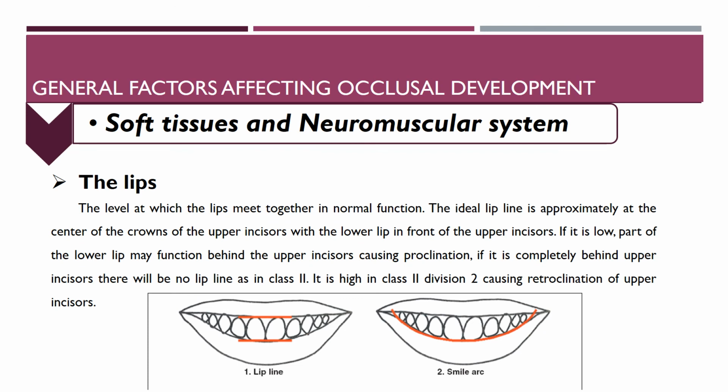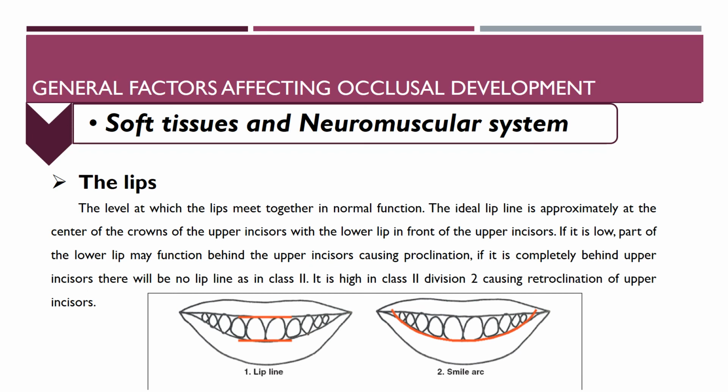Also, the lip line should be examined carefully to identify any relation of the lips to the underlying malocclusion. The lip line is the level at which the lips meet together in normal function, which is different from the smile arc, as we see here in the picture below.